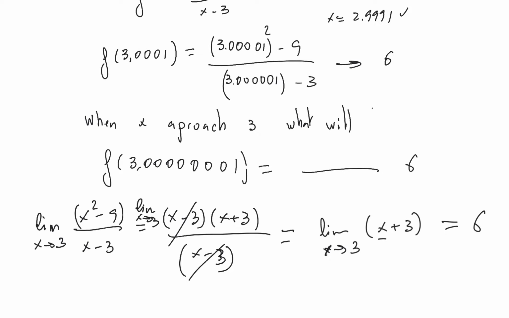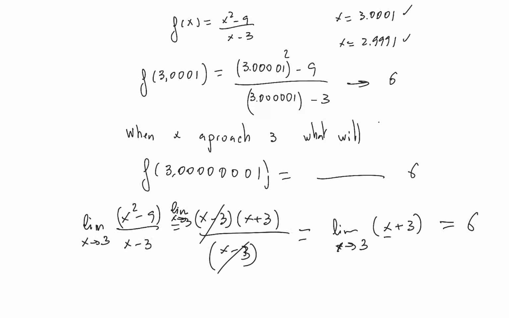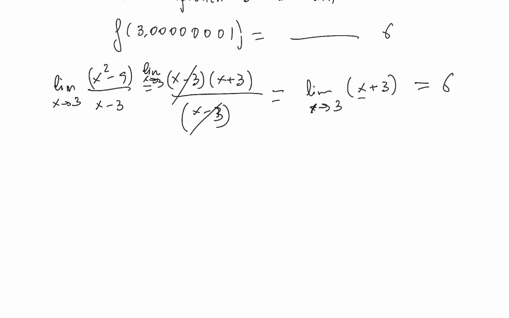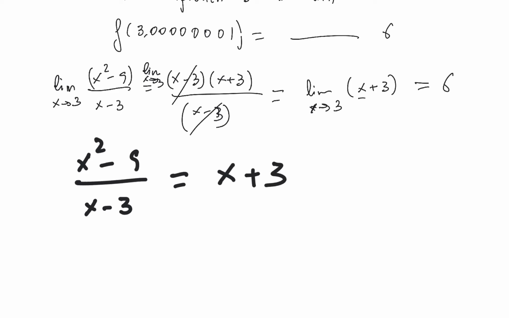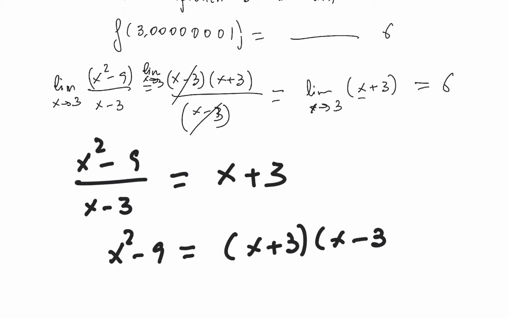So now, what does it mean, what have we done? The function x squared minus 9 divided by x minus 3 is equal to x plus 3, because x squared minus 9 is equal to x plus 3 multiplied by x minus 3.